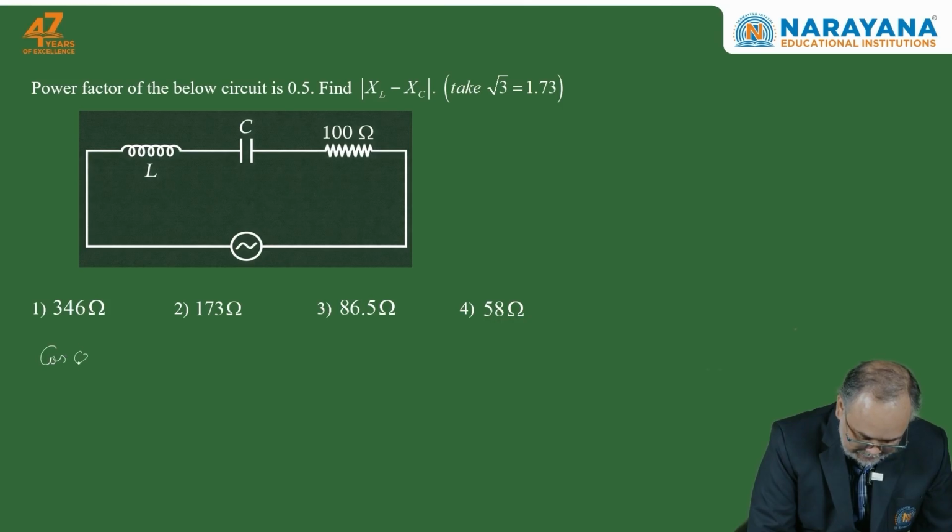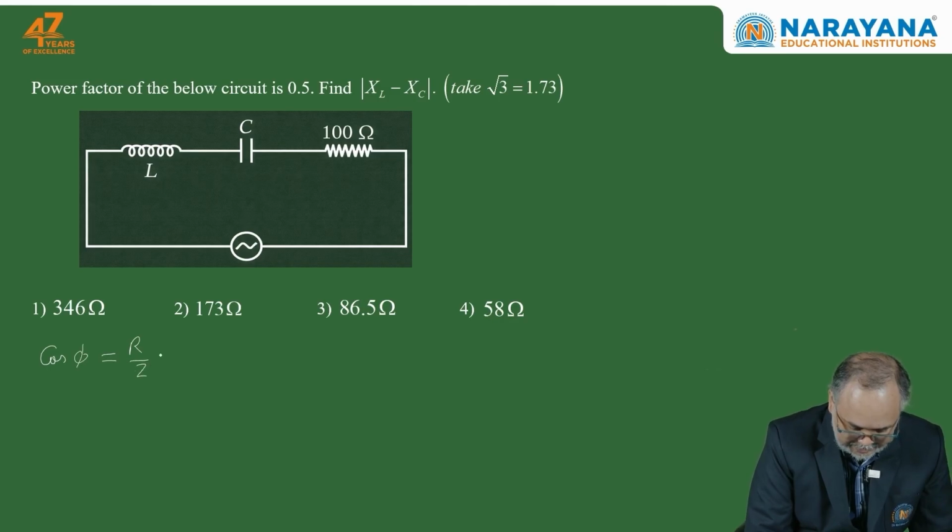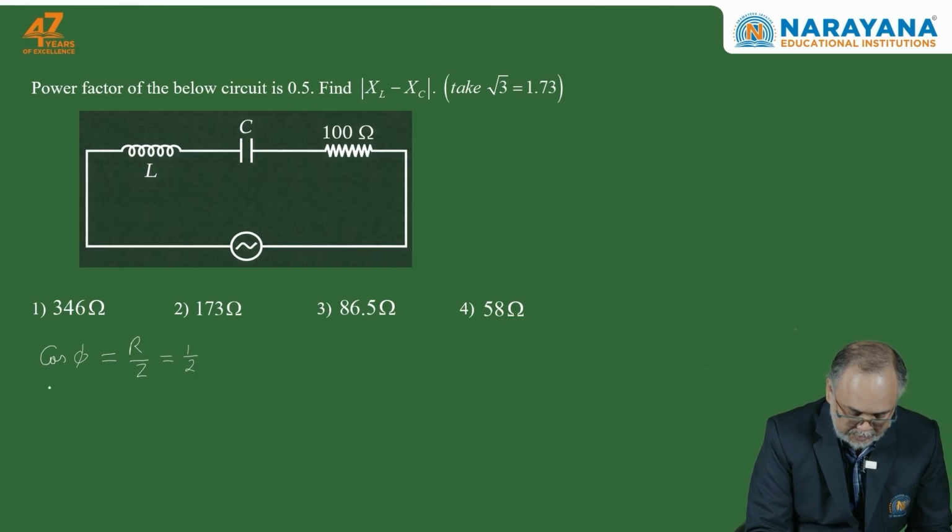Cos phi is equal to R by Z, and this is equal to 0.5. We can write 1 by 2, or we can write 2R is equal to Z, the impedance of the circuit.